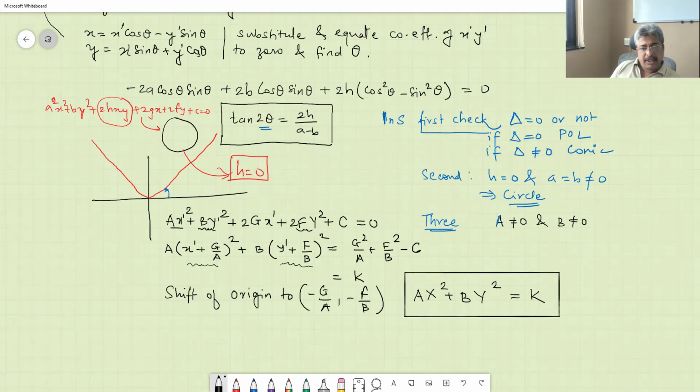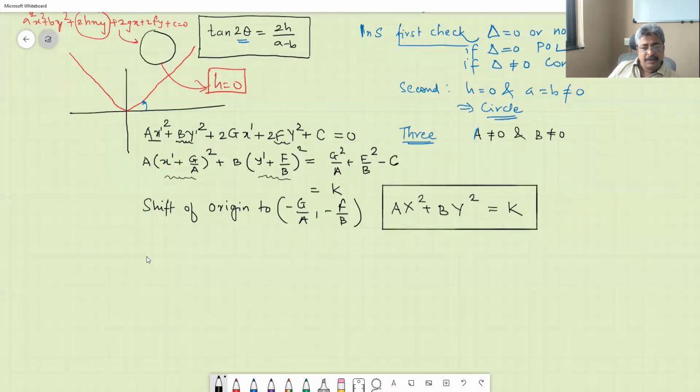Now there are cases. What are the cases? Therefore we can write it in the form capital X square upon k by a plus capital Y square upon k by b is equal to 1.